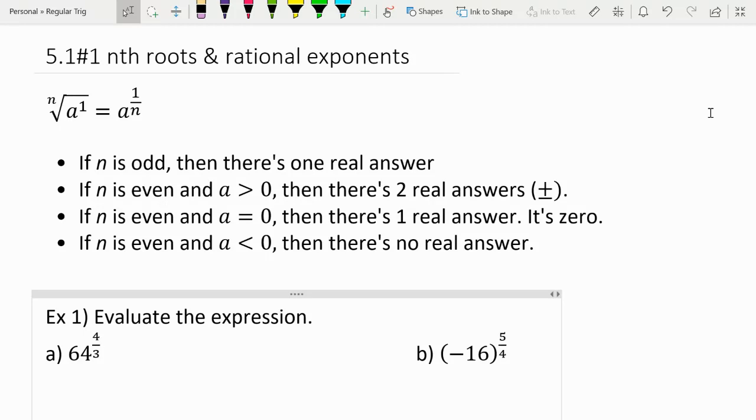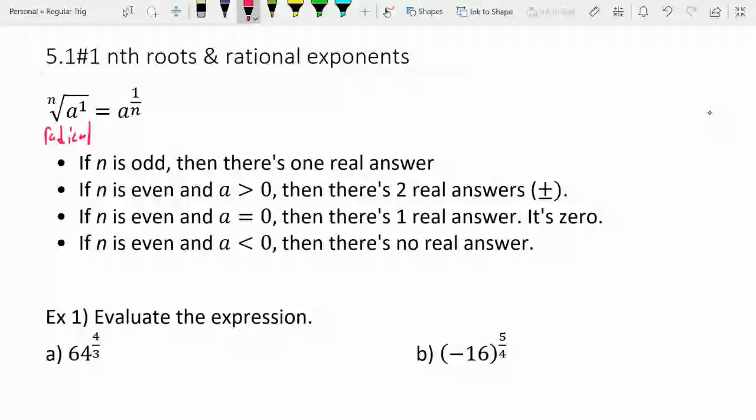So when they talk about an nth root of a, all they're doing is just looking at this mess here. It's not that big a deal. The thing I want you guys to notice is radical form versus rational exponent form.